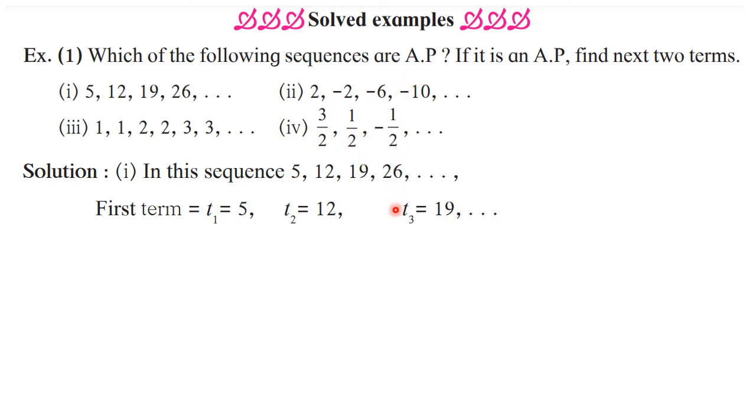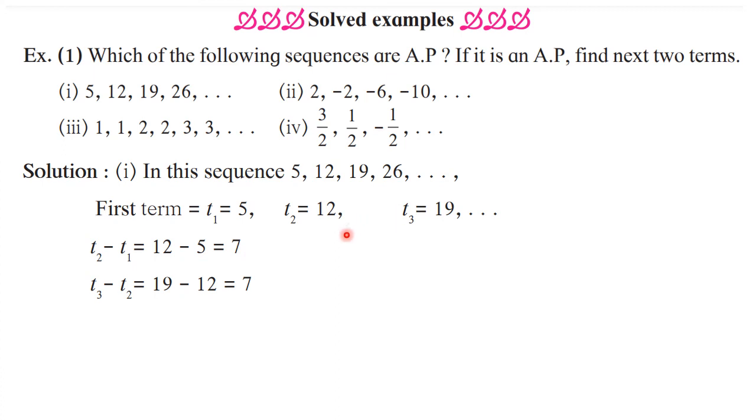So according to the definition, if the common difference is constant, then only it is an AP. That means we have to find the difference between the terms: T2 minus T1, T3 minus T2 and so on. So T2 minus T1 is 12 minus 5, that is 7.